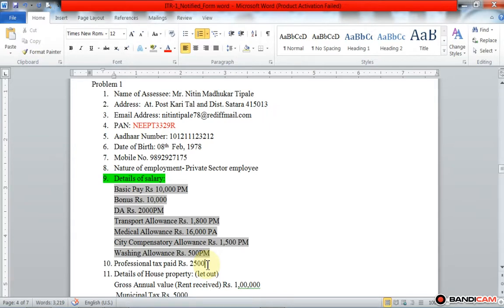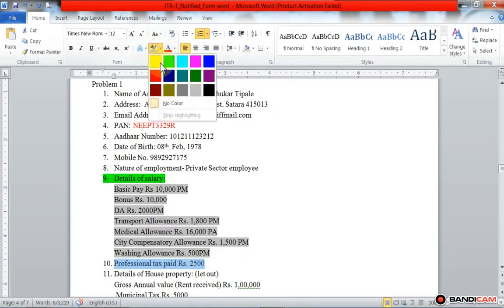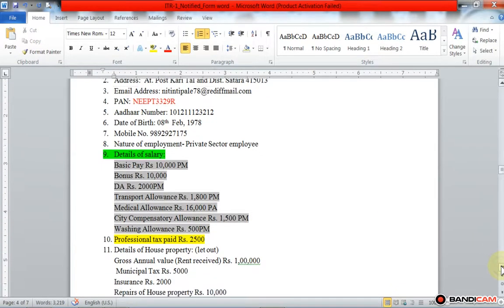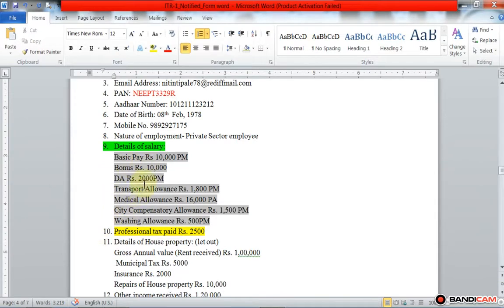Got it? So here professional tax is deducted from the gross salary. Then here we get the information about the salary of Nitin Tipale.